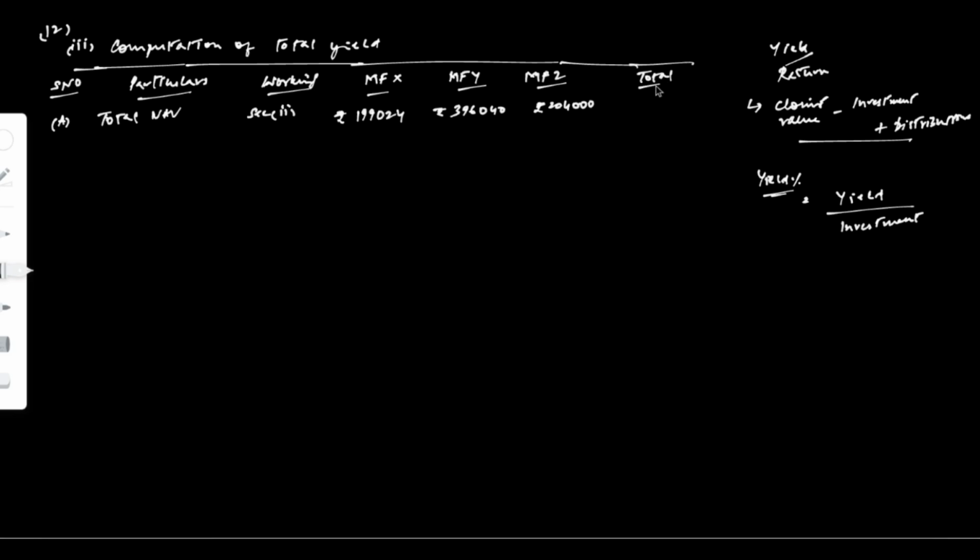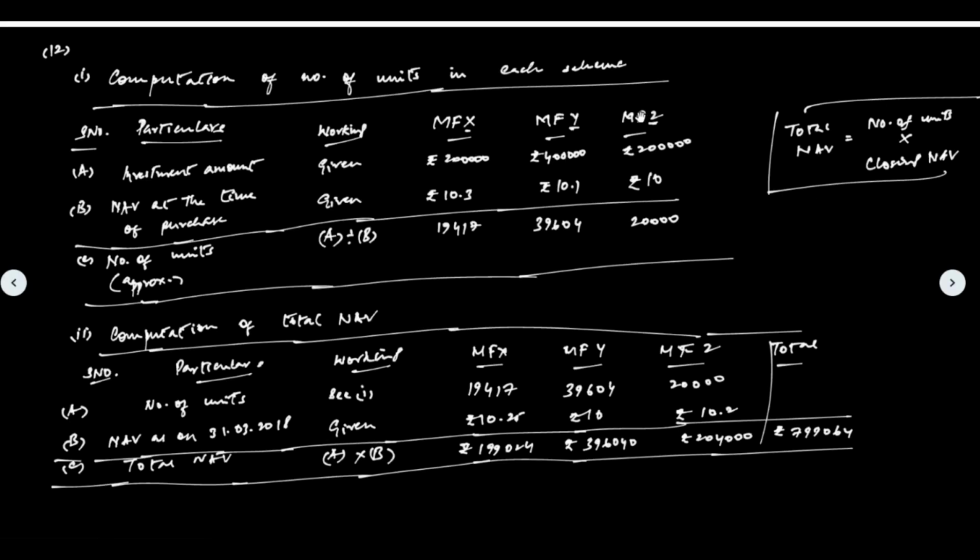Also, we'll find the total, because we want the total yield of his portfolio. Adding all this, we get 799064.